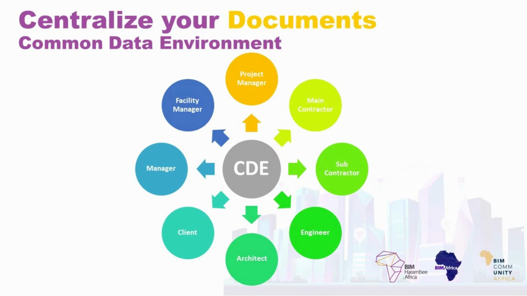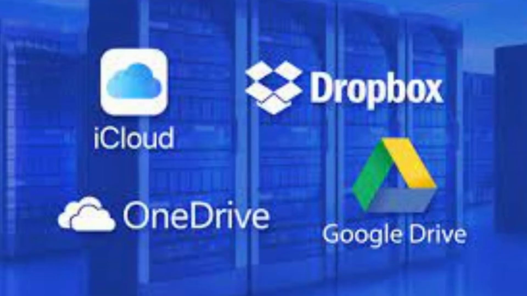Consequently, the first step in BIM implementation is to centralize your documents by using a container for your document management. This container could be a server, a cloud drive, or a common data environment platform. Simple servers or cloud drives provide a good way to store and share data.